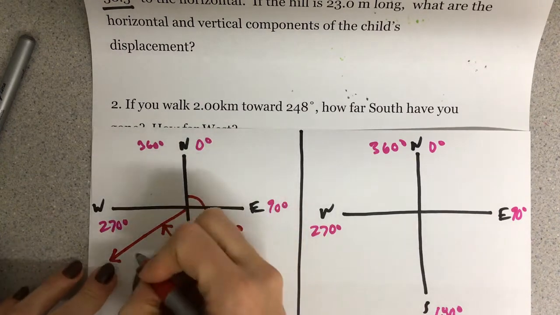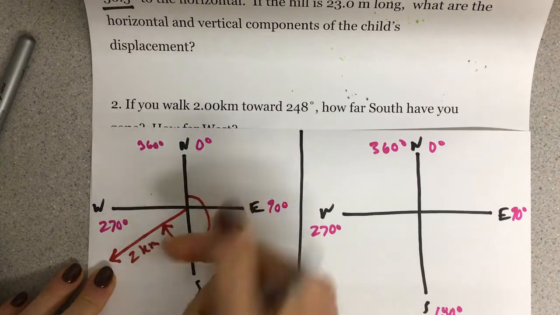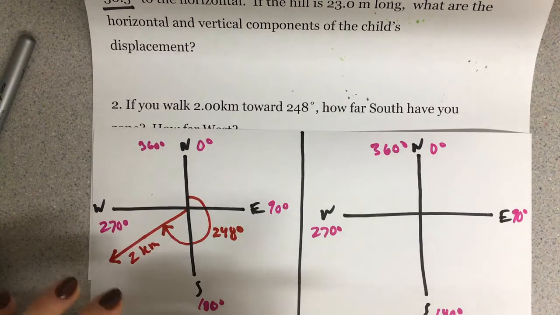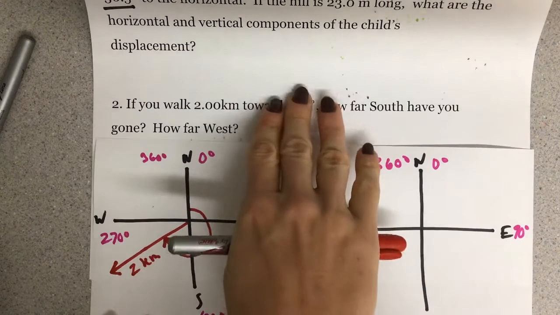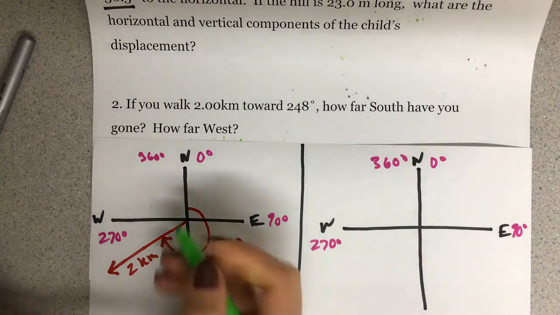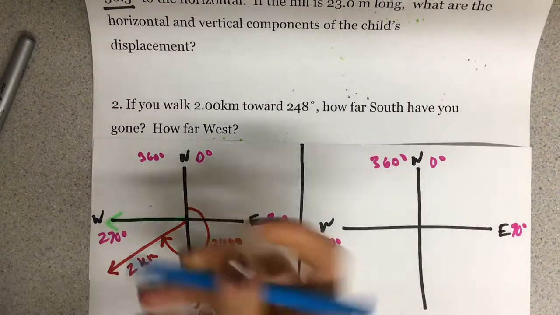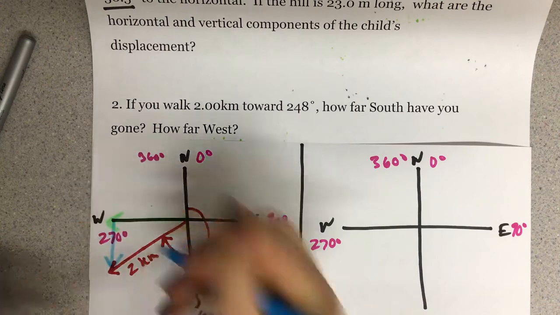So from here to here, I've walked 2 kilometers, and the direction is 248 degrees. It wants to know how far south and how far west. Let's start with west. How far west is going to be this way, and how far south is going to be that way.